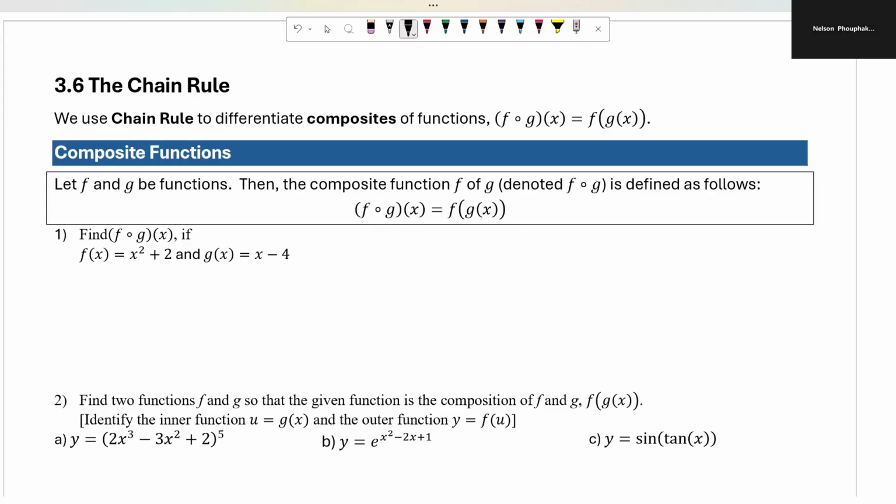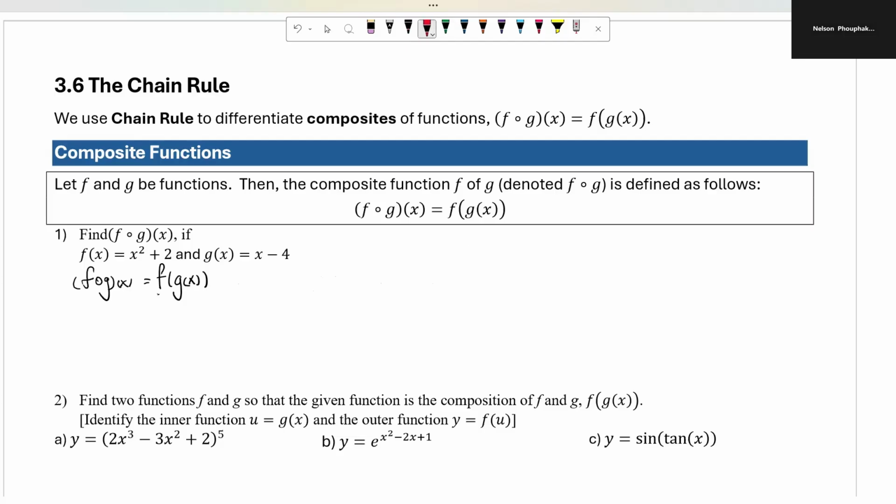If I want to find f of g of x, where f of x equals x squared plus 2 and g of x equals x minus 4, how do we actually work out this problem? First, we know that f composite with g of x can be written as f of g of x.